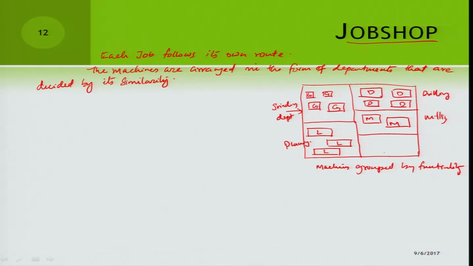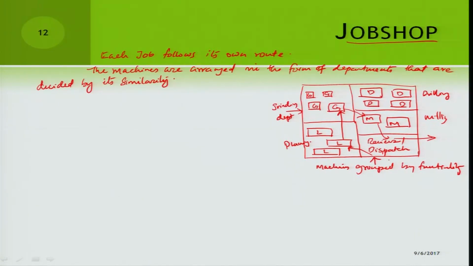So if a part comes into the system, here is the receive and dispatch. The raw material arrives. One part will go to a lathe machine, then to a grinding machine, then to a milling machine, and then it will go out.